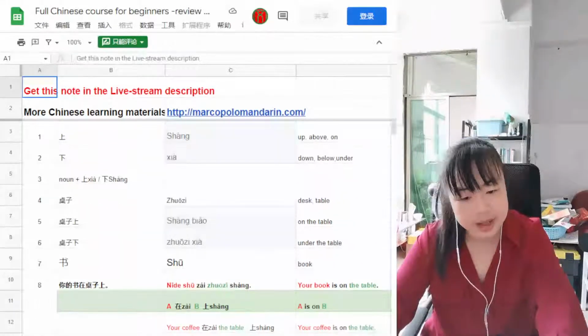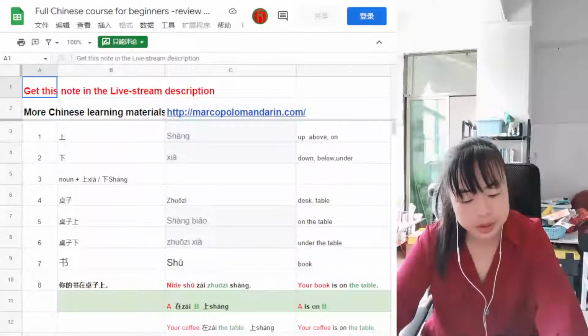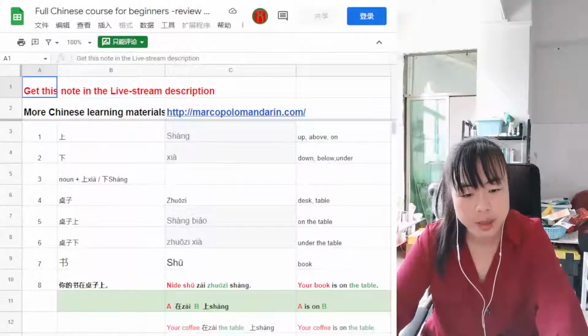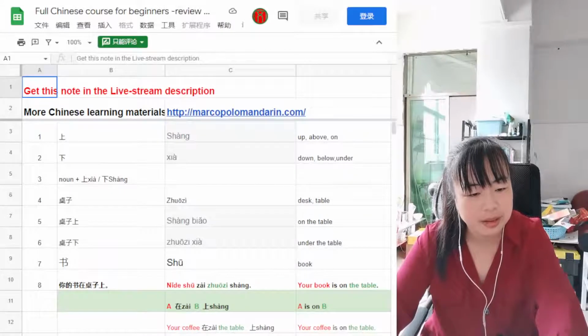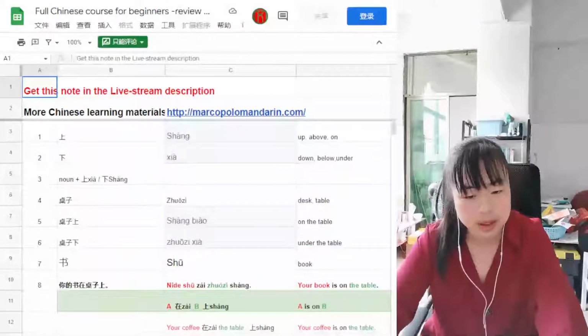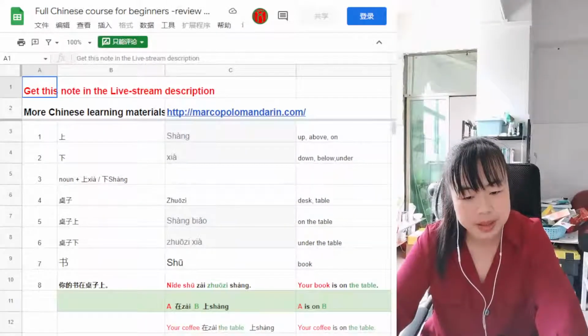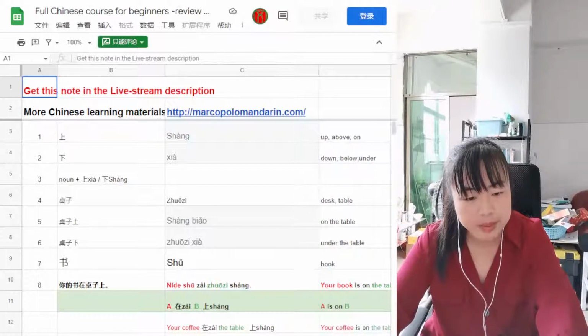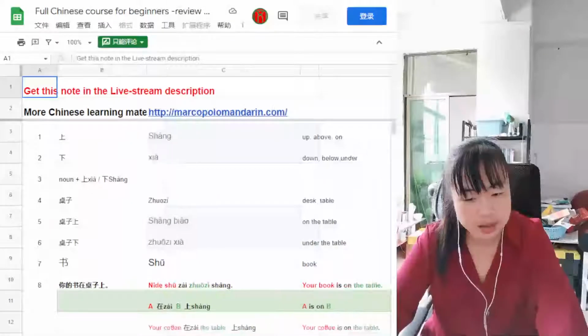And then we go to 上边 or 下边. 上边 means on, and 下边 means under, right?